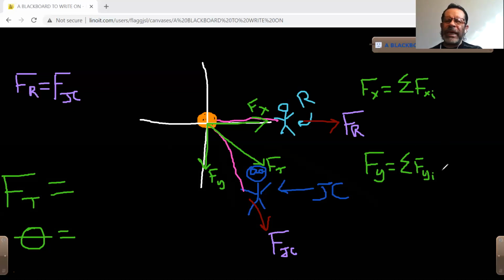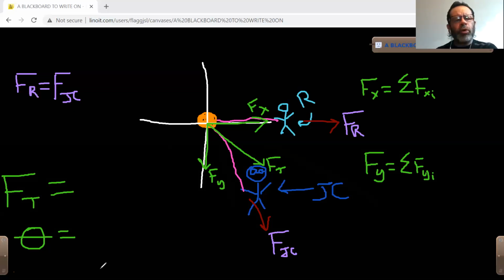Are we okay up to that point? Is that part clear? Because that part about the sum of the forces is a very important part. Yes, it's clear. Yeah. Let's see, René, how are we doing up to that point, and José Carlos and the rest also? Yeah, I'm getting the whole idea.